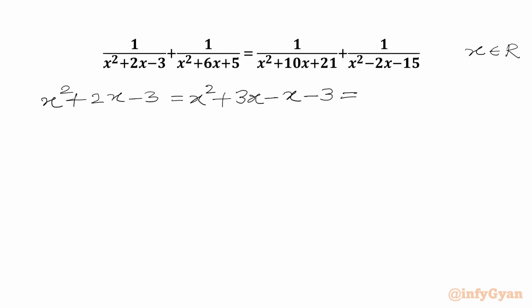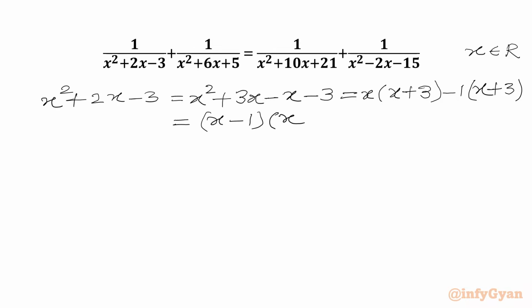Now from the first two terms, x is common, so we will write x plus 3 in the bracket. And from the last two terms, we will take minus 1 common, so x plus 3 would be in the bracket. So our factorization would be x plus 3 times x minus 1, or x minus 1 times x plus 3.